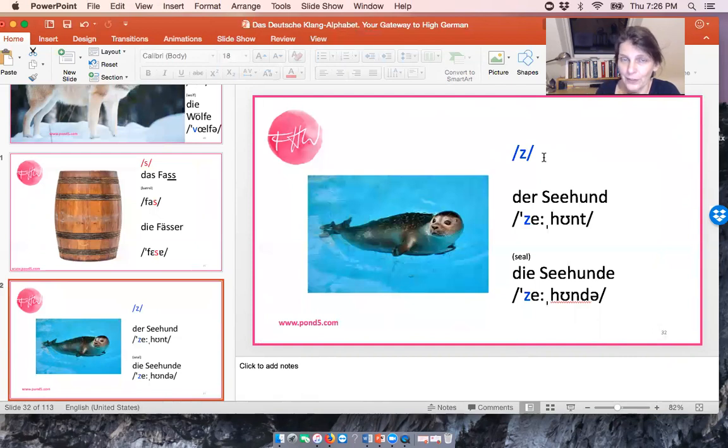So that's confusing to Germans. When you see this letter as a German, you want to go tss, but when you read the IPA or you see an English word, you have to go z. That's tricky. Der Seehund, die Seehunde.